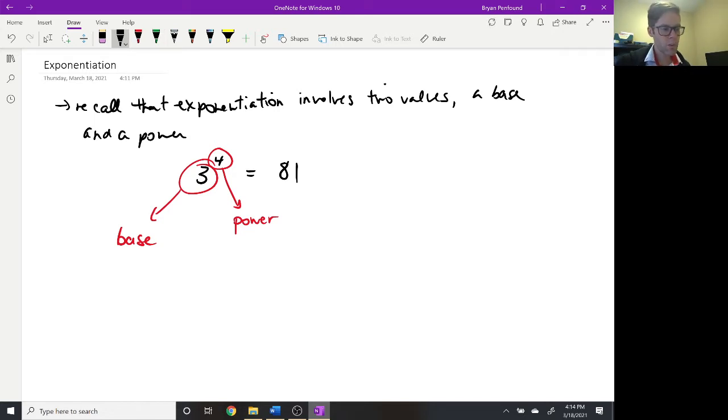And one of the easiest ways as you're starting to introduce the concept of exponentiation is to think about exponentiation as repeated multiplication.